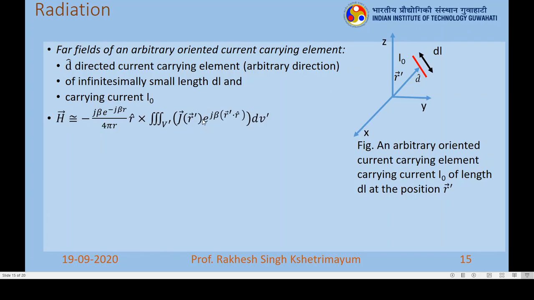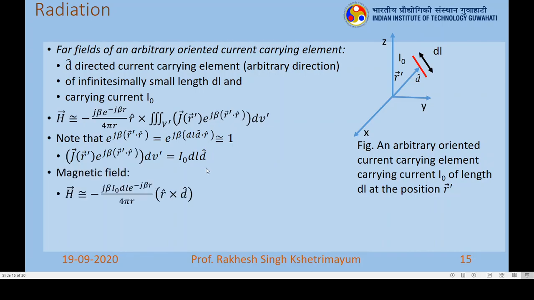That was for any current density J. So beta r dash dot r hat can also be approximated as 1 in this case. So in that case, we can express this whole integral as simply, what is J now? J is I naught and dV dash will become dl, and what is the direction of the current? d hat. So this whole term can be replaced by I naught dl d hat now.